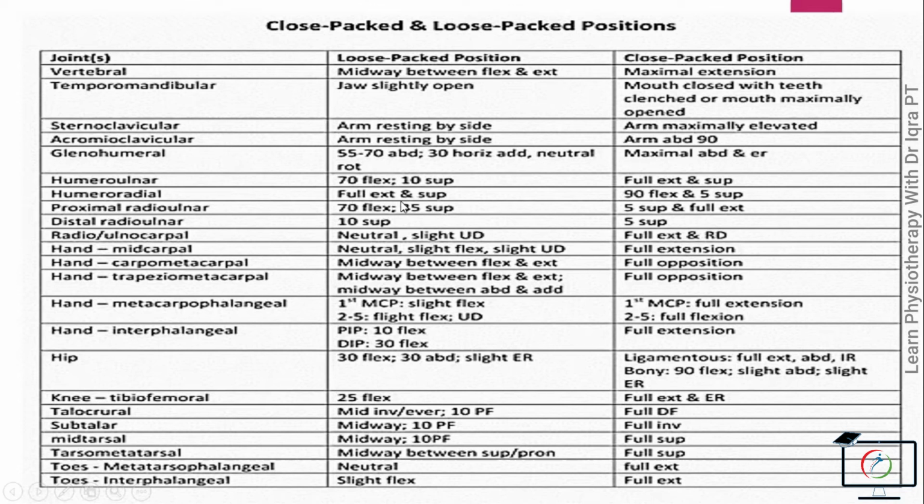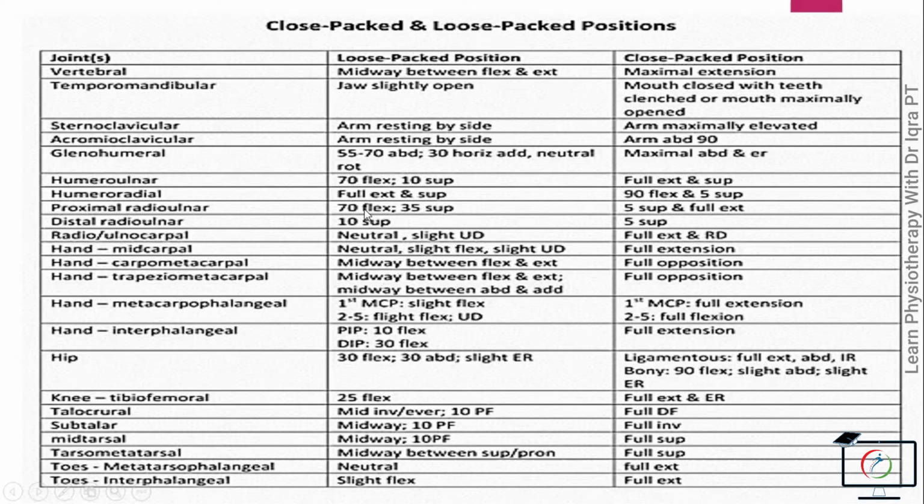In humeroradial joint, full extension and supination is the loose back position, while the 90 degree flexion and supination is the closed back position. If you have noticed, a closed back position for a humeroulnar joint is a loose back position for a humeroradial joint.